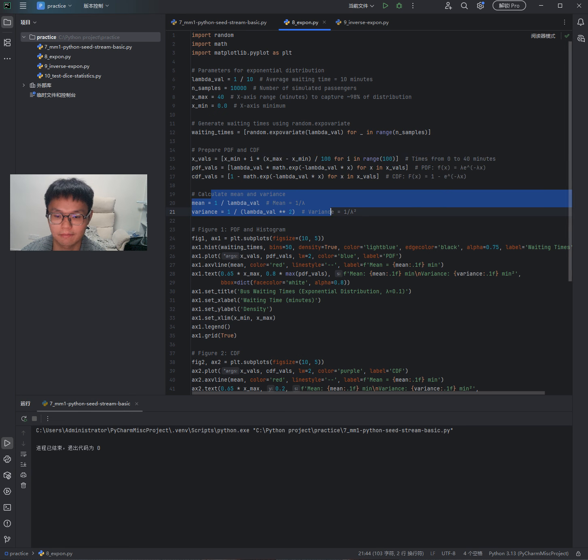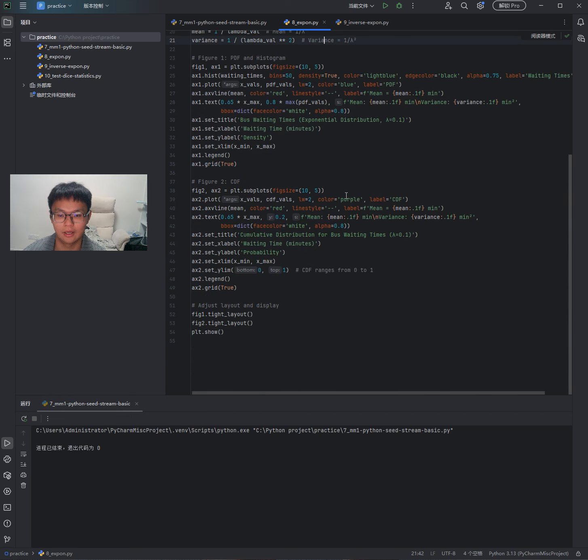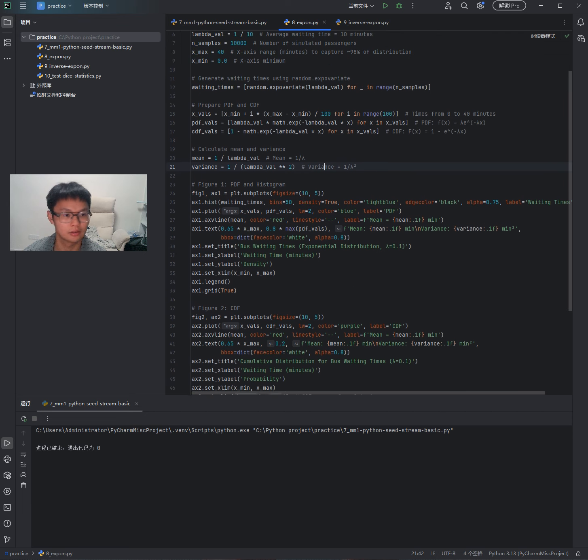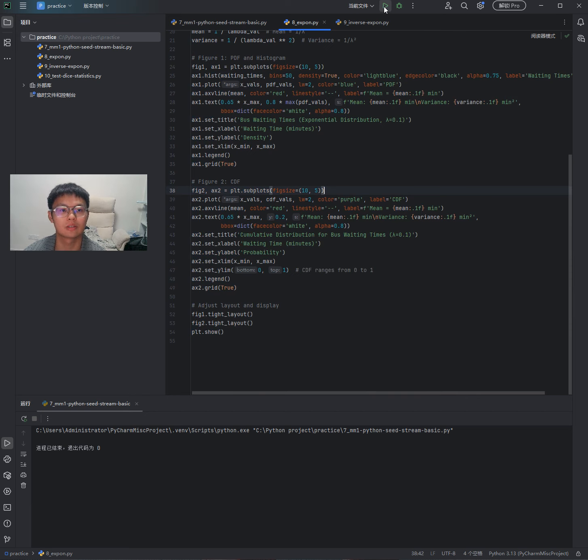Here the mean, 1 over lambda, is 10 minutes. The variance, 1 over lambda squared, is 100 minutes squared. And then it's the picture, so let's run the program.